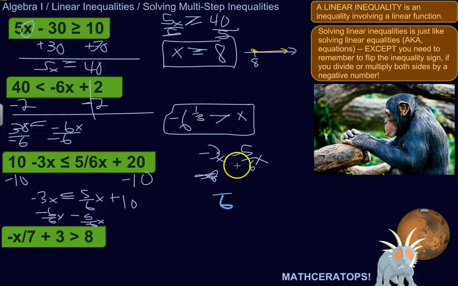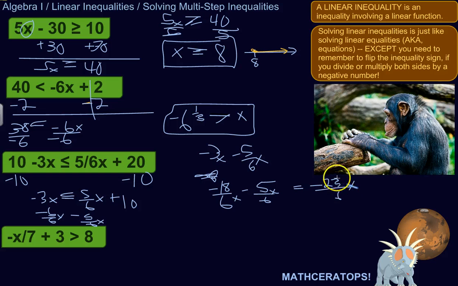So that would be negative 18/6, since negative 18 divided by 6 would be negative 3. So negative 18/6 x minus 5/6 x, and we've got a negative number, and we're reducing it even further by 5. So this would actually be negative 23/6 x, and we could make that into a mixed number.